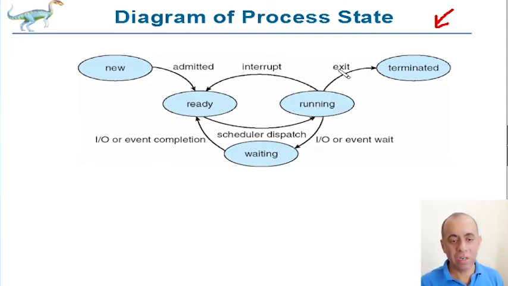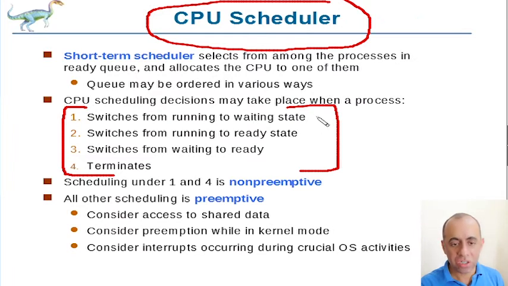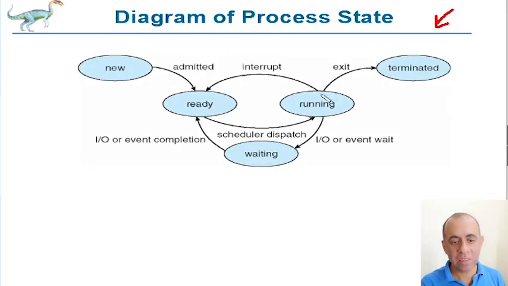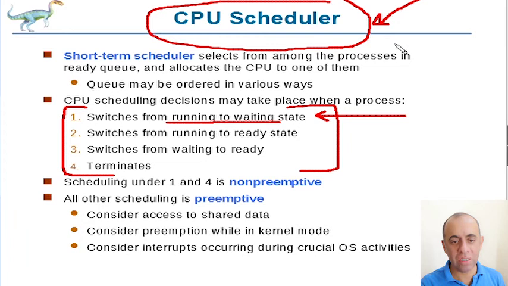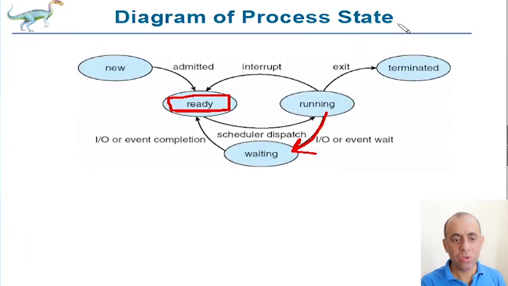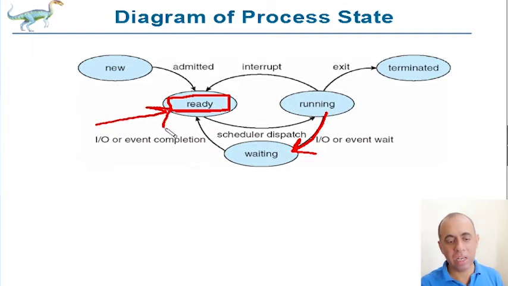This picture, based on these 4 transitions of states of different processes where the CPU scheduler becomes active, tells us that whenever the state of a process switches from running to waiting, so whenever a process leaves the CPU and goes into IO, the CPU scheduler becomes active to make a decision to select a process from the ready queue, because the ready queue has all the processes which are waiting to go into the CPU.